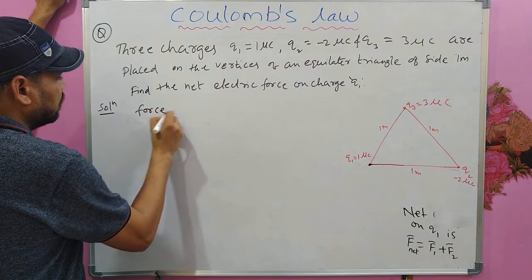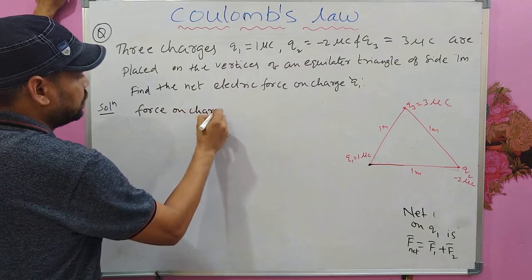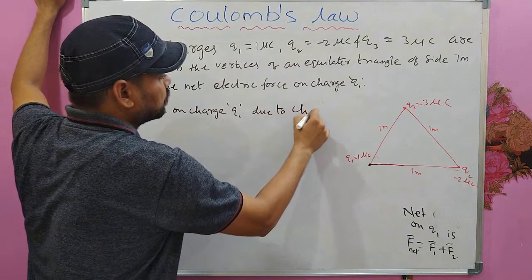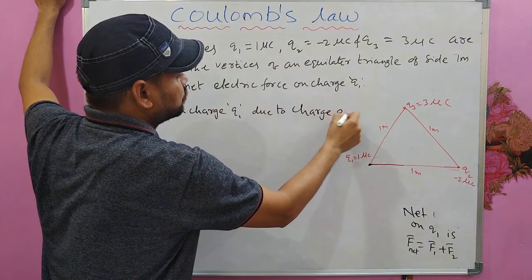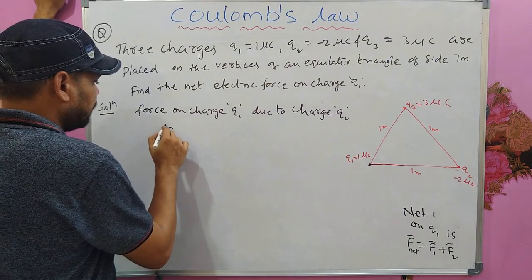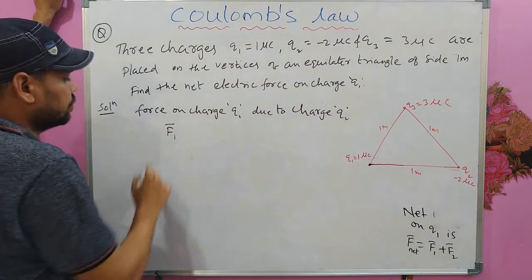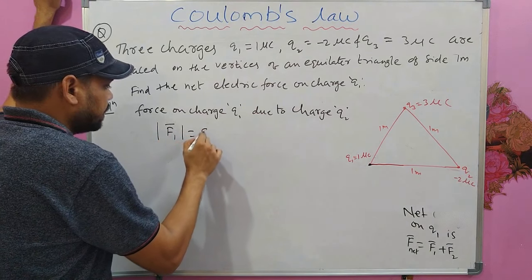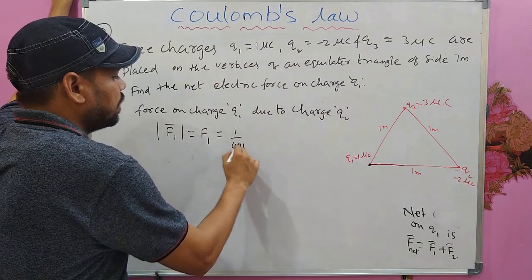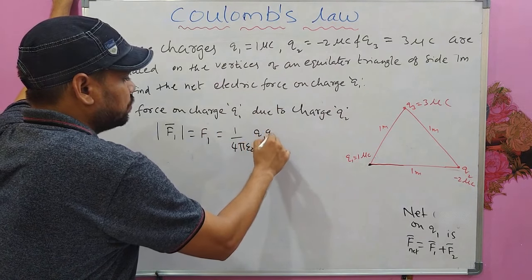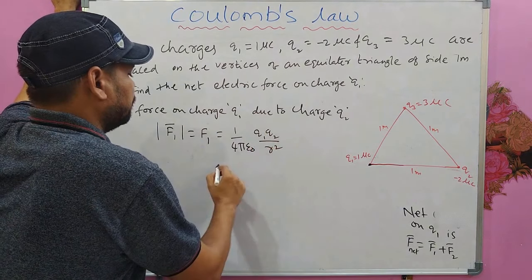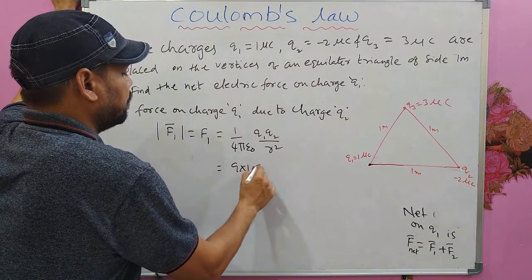First let me write the force on charge Q1 due to charge Q2, and let me take it as F1. I am writing the magnitude. It should be 1 by 4 pi epsilon naught Q1 Q2 by R square, which is equal to 9 into 10 to the power of 9.